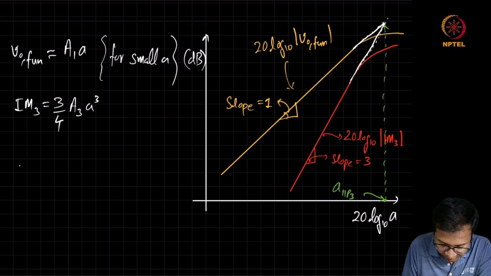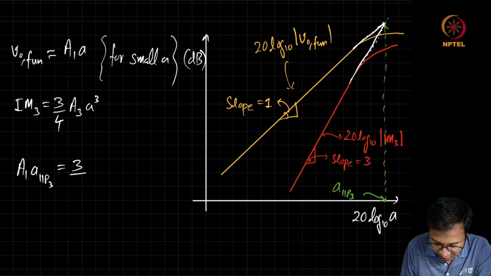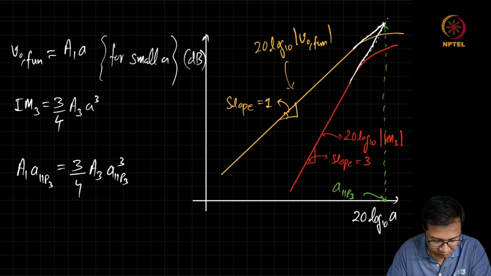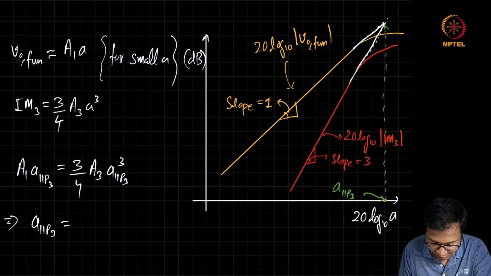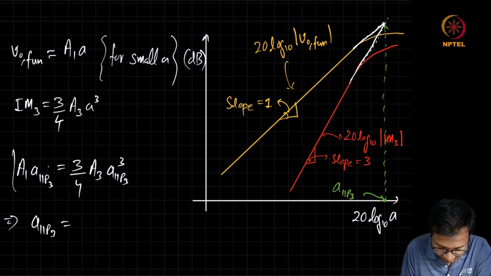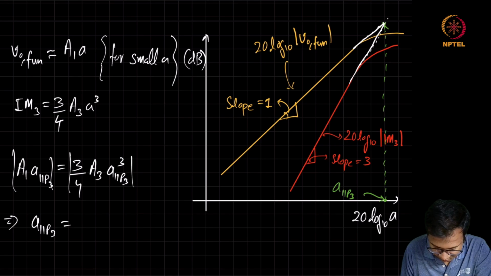IIP3 means that A1 AIIP3 is equal to 3/4 A3 AIIP3 cubed. This implies AIIP3 is equal to square root of 4/3 A1 by A3.